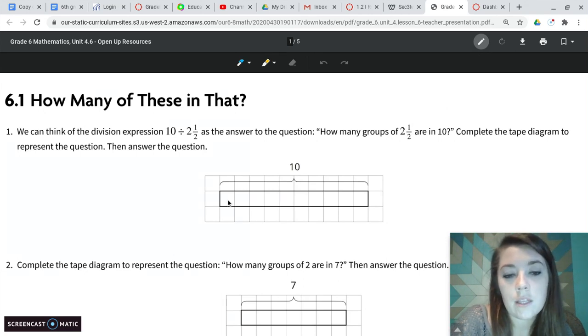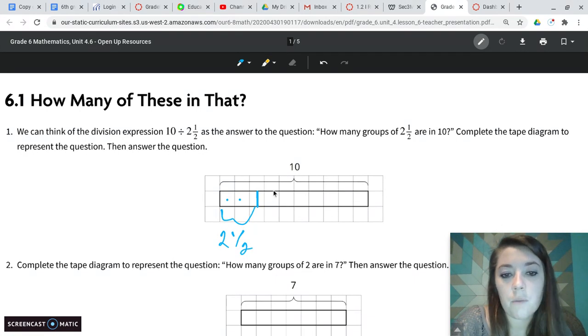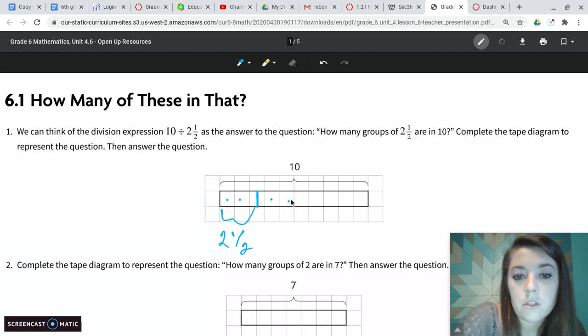So if we look at this, we've got 1, 2, and so if we draw a line right here, that would represent 2.5. Now, if we do that again, we've got a half, and then 1, 2. So then we'd have our line right here.